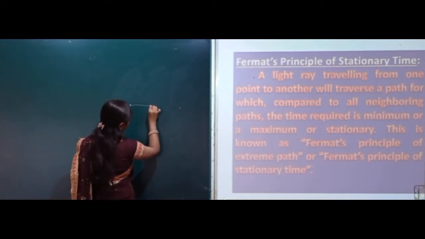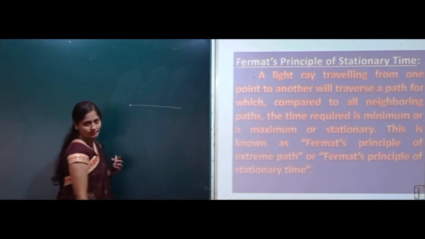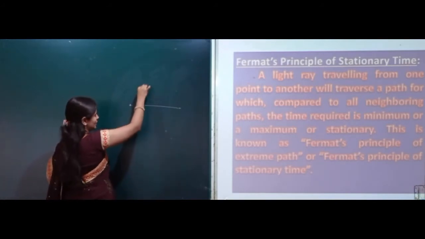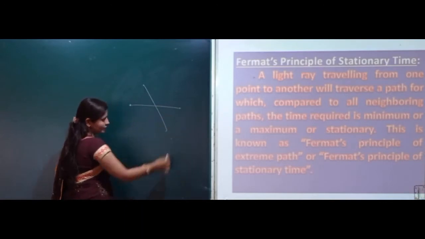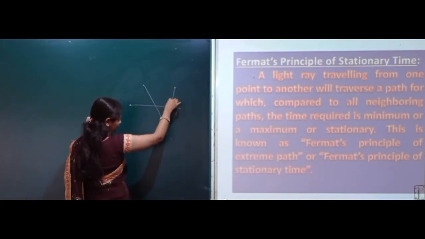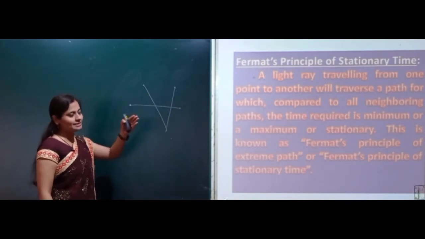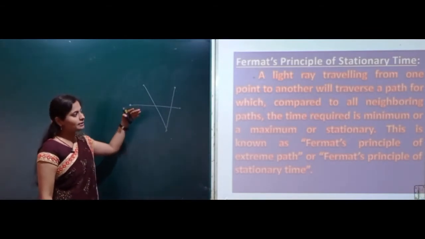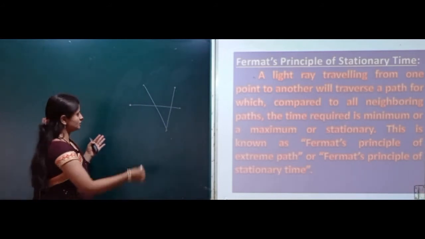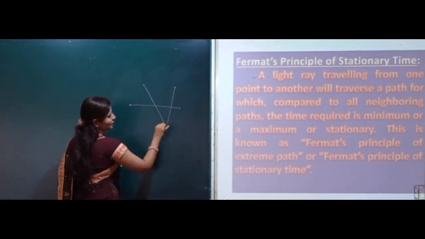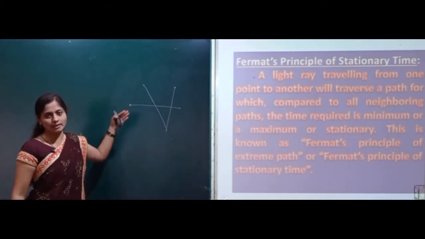So light is travelling from here to there. Suppose take here one point and here one point, or light is travelling from here to here. See the first line: a light ray travelling from one point to another will traverse a path compared to all the neighbouring paths.